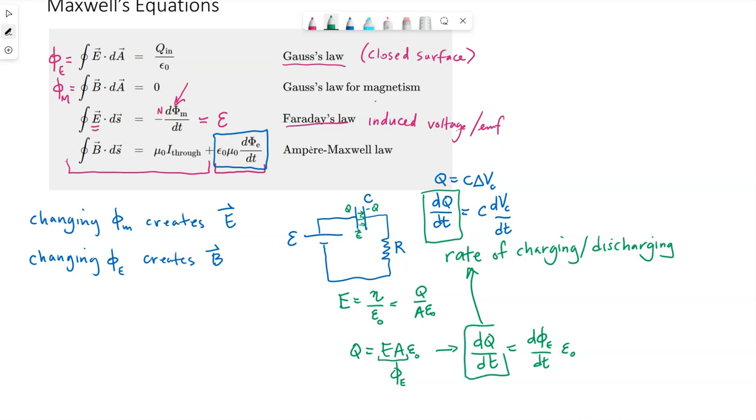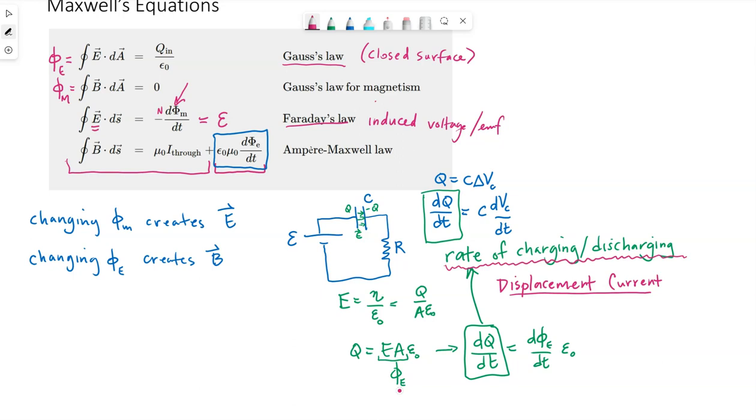This rate at which the flux is changing, the charge is changing, is called a displacement current. That terminology is a little misleading in that there's no actual charge traveling from one plate to the other. This displacement current represents how fast the charge on the plates of the capacitor are either increasing or decreasing.